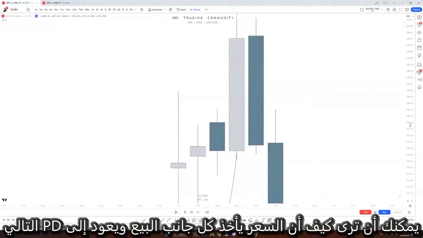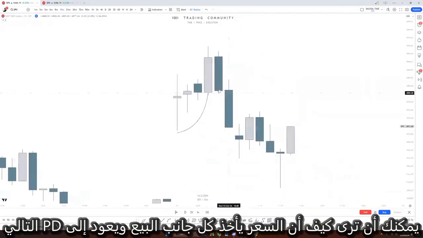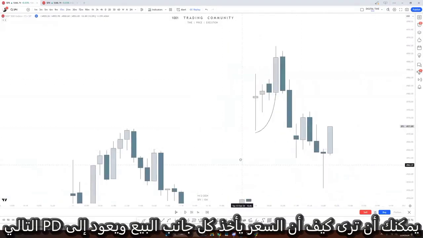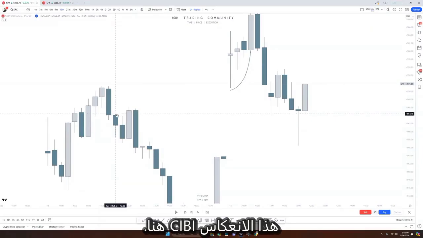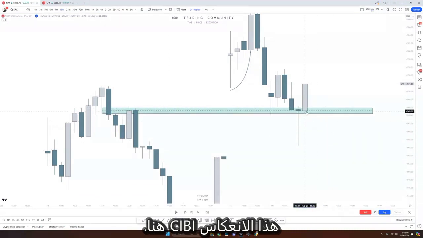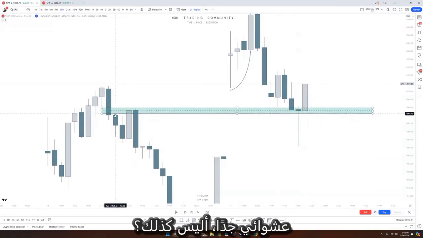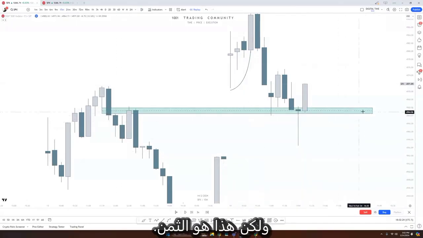And then when we go back to the 1 minute, you can see how price just takes out all that sell side and goes back to the next PD array of choice. This SIBI inversion up here respects the CE of it. Very random, right? But that's price.